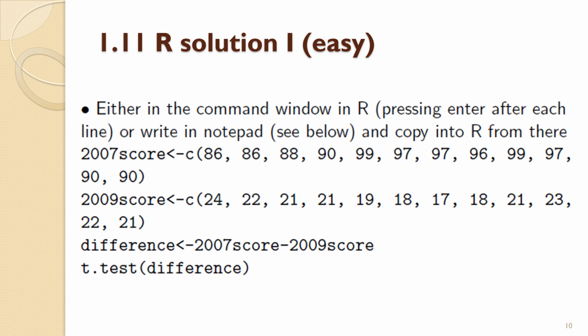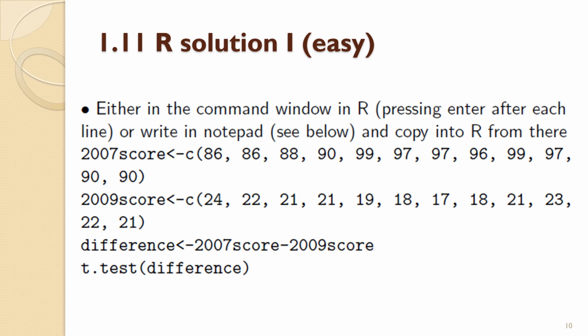What we would then do is calculate the difference by doing this sum here. So the difference goes to the first set of numbers minus the second set of numbers. In doing this, what you see is that the first name used here, the 2007 score, has to match what you call the first data set in the top line, and then the second variable name used here, 2009 score, has to match the second set of numbers.